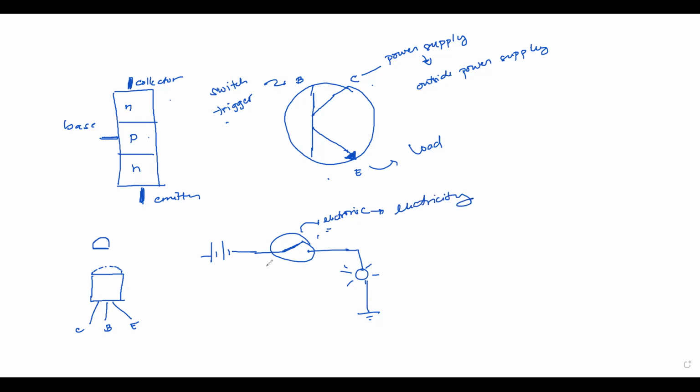This is not a manual switch wherein you're going to turn on and off a certain part of your circuit, but like I said, this one is usually triggered by electricity. So, again, going back to the definition of electronics, electronics means electricity controlled by electricity. In this case, in your transistor, your switch is being controlled by electricity rather than the manual turning on and off of a certain switch.